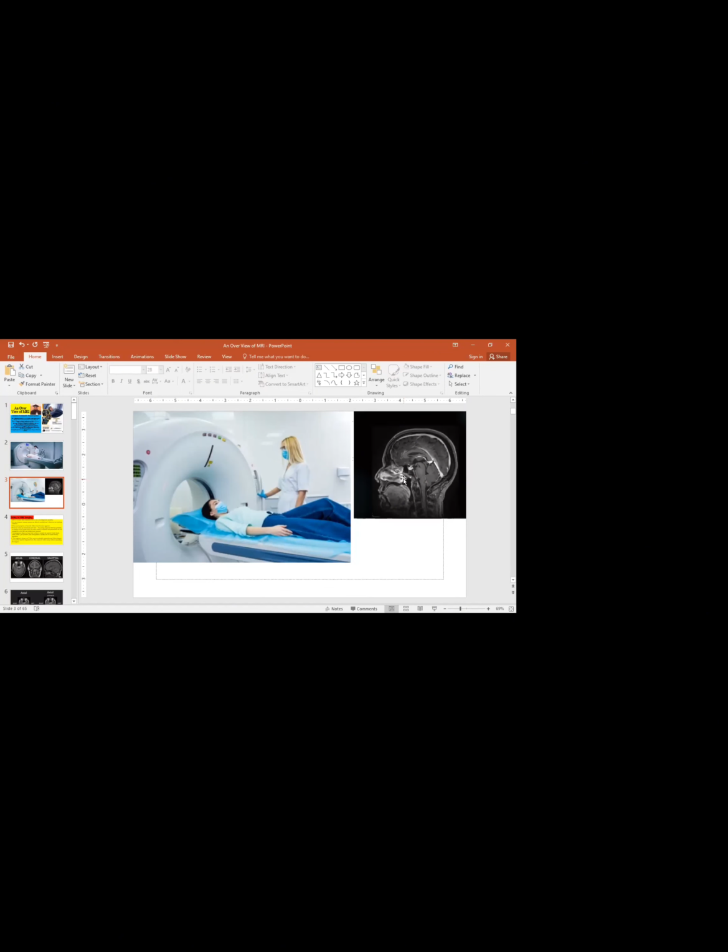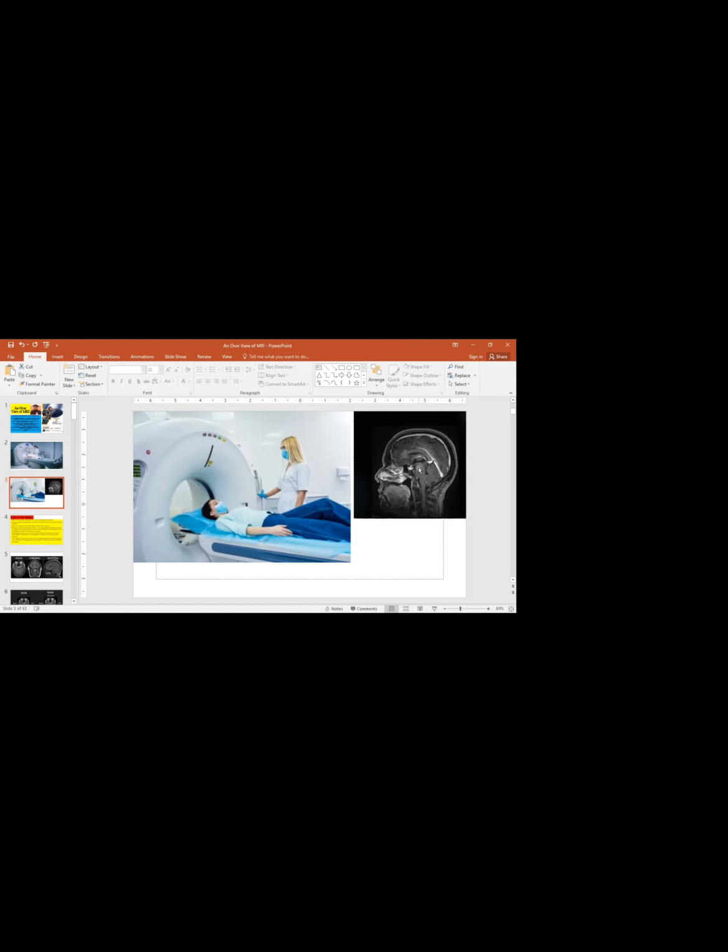MRI means magnetic resonance imaging, and we see very good internal details of the organs due to excellent tissue contrast. The beauty is the excellent tissue contrast which we get in case of MRI, which is superior to CT scan.